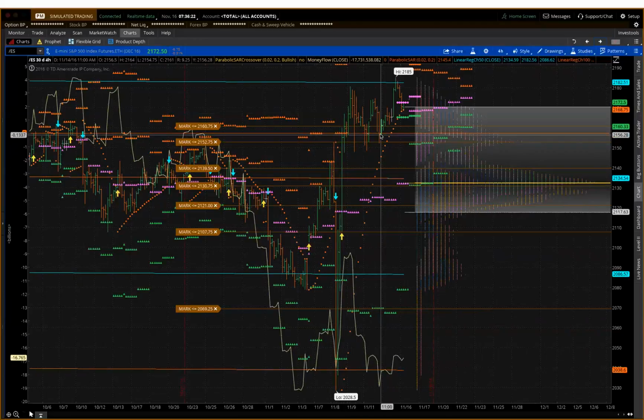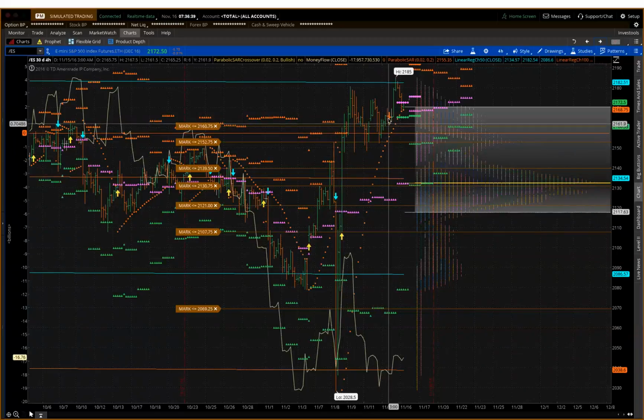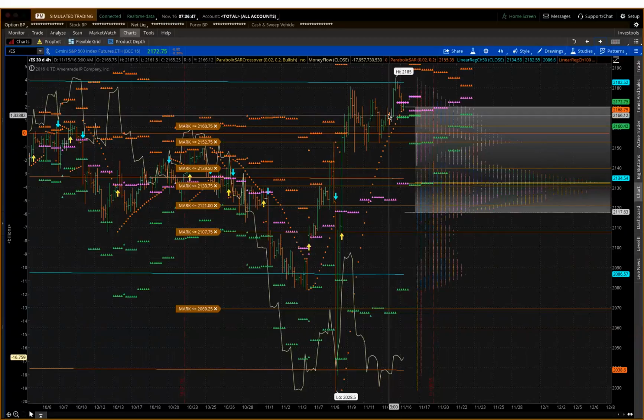It would have been nice if it was during American cash hours that were open. Then we would have had a huge flush, and that would have helped out with the pink dots. So I just assume with the futures that they're able to actually put on the positions, we'll say synthetic longs, with the cash being closed, they're able to put it on with the futures here.